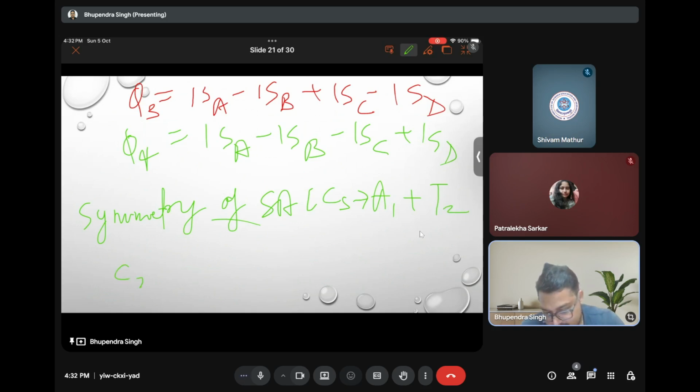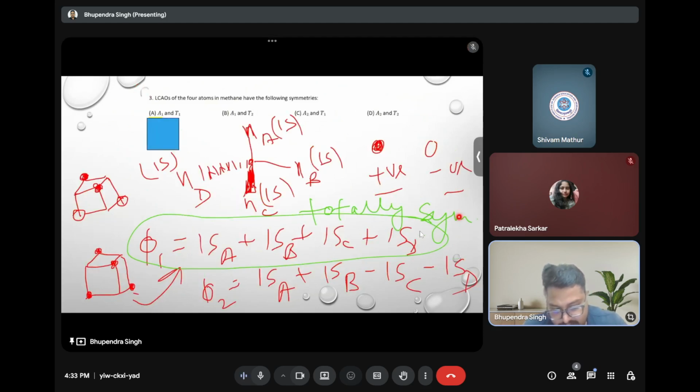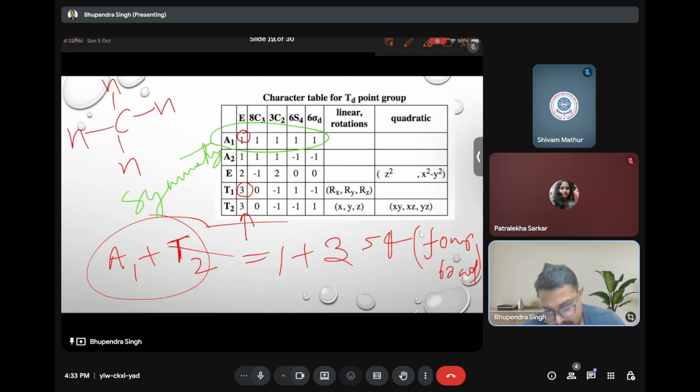So C2S is A1 and C2PXYZ will be T2. A1 I have already told, right? This is totally symmetric, which is matching to this A1.